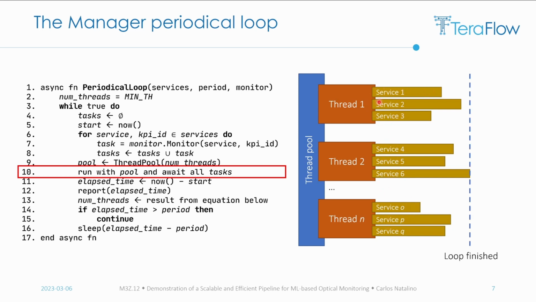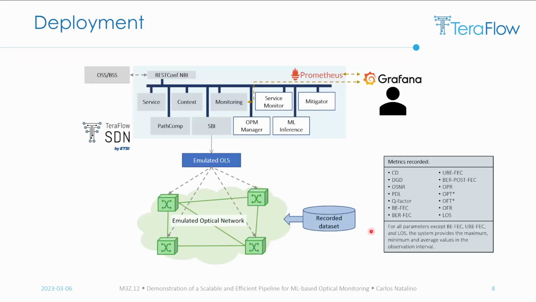We are able to send all these requests concurrently, and then we just need to await for all of them to finish. Once they are all finished, we are sure that the loop is finished. So this allows us to scale even though we are not using multiple replicas.